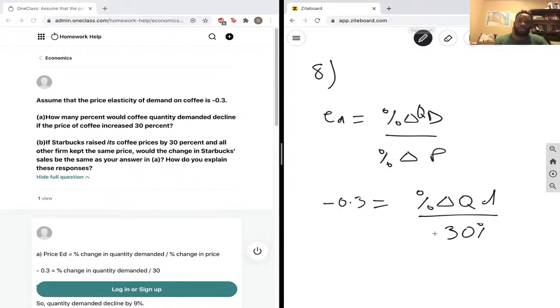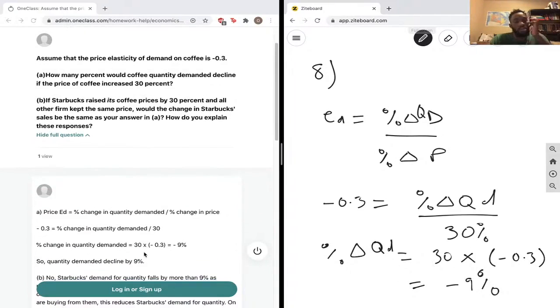So now you just have to solve for the percent change in quantity demanded, which would just be 30 multiplied by negative 0.3, which I believe is negative 9%.